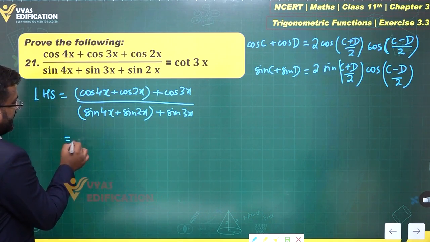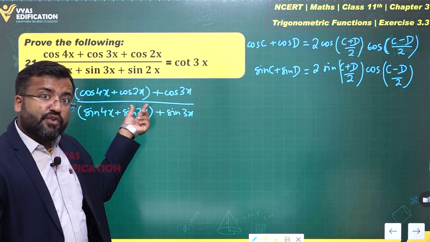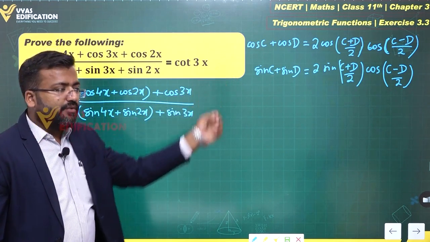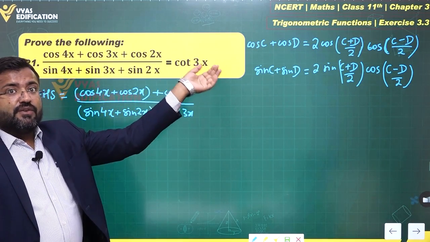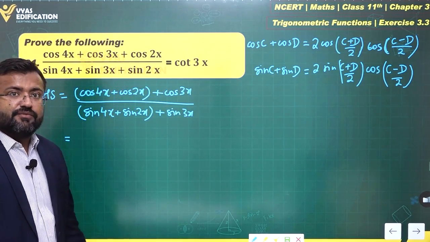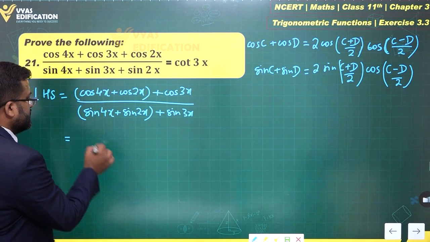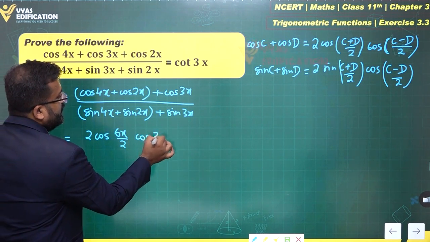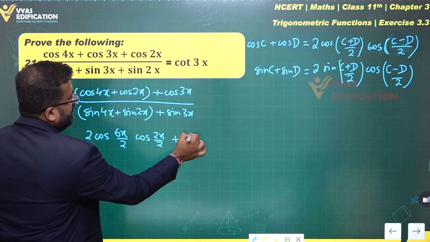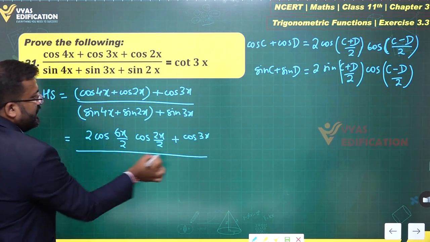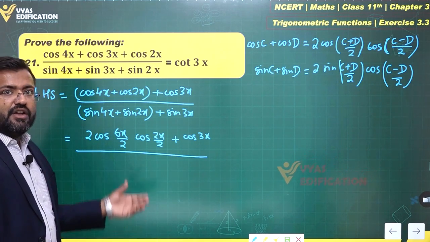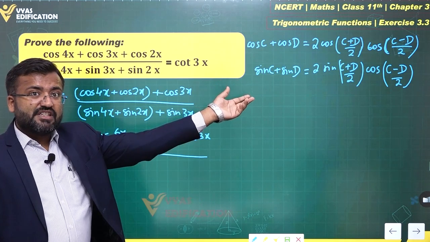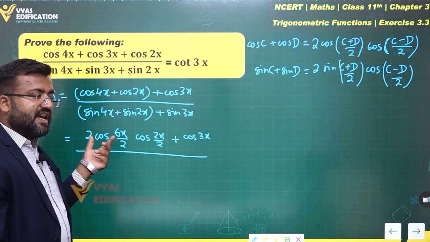Please observe. Cos 4x plus cos 2x will be 2 cos of (4x plus 2x) by 2, that is 6x by 2, cos of (4x minus 2x) by 2, which is cos of 2x by 2. So this is 2 cos 6x by 2 cos 2x by 2 plus cos 3x, which is already there. What do you have in the denominator? You have sin 4x plus sin 2x. Sin c plus sin d is 2 sin of (c plus d) by 2 cos of (c minus d) by 2.